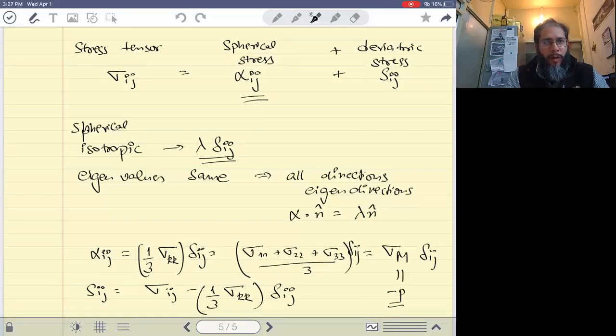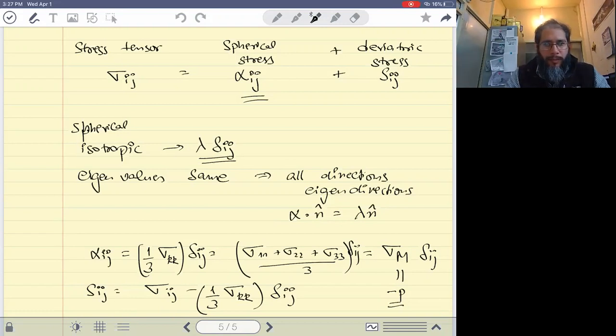So it only has a normal component, no shear component. Pressure cannot apply a shear force. It only applies a normal force. If you take a ball very deep into the ocean, you will see that the ball will tend to be compressed because pressure is applying a force on any tangent plane of the ball which is inwards to the center of the ball. It's a spherical ball we're talking about.